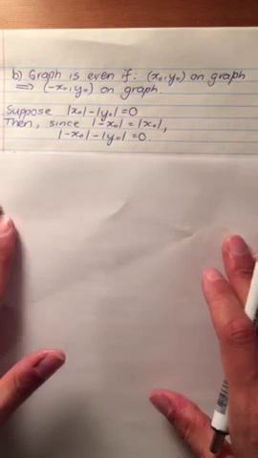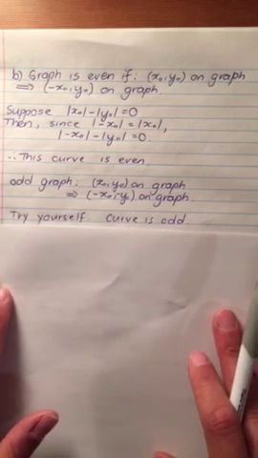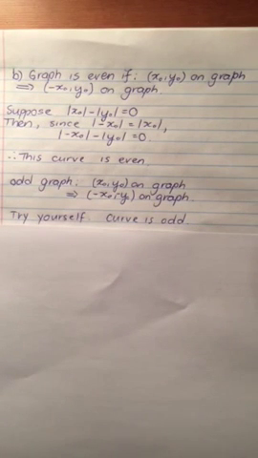Then we want to show it's odd. So this is a very similar argument. An odd graph is either looking at a rotation about the origin of 180 degrees, getting the graph to look the same, or a double flip, a flip in the y-axis and a flip in the x-axis, one after the other.